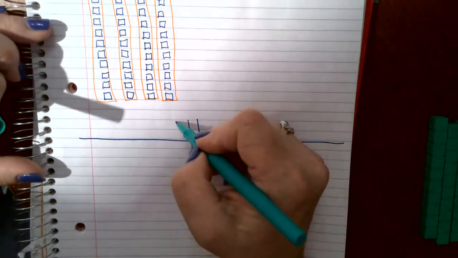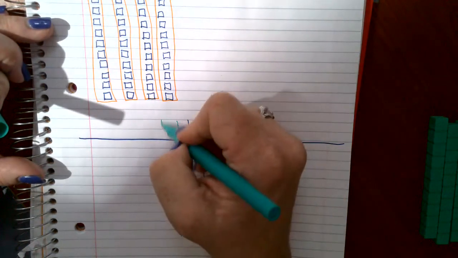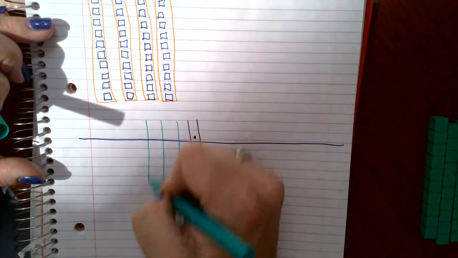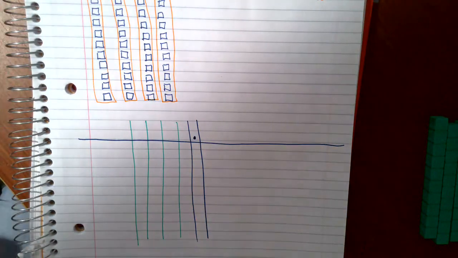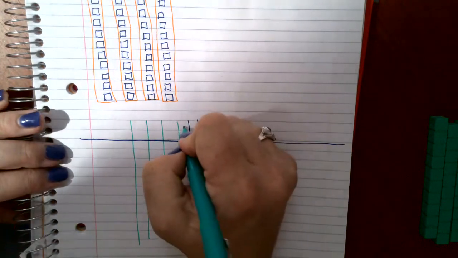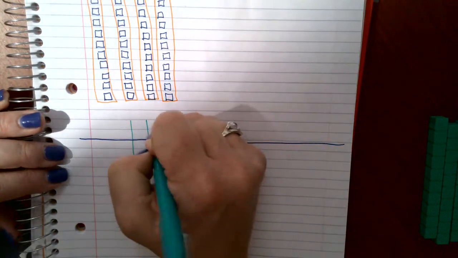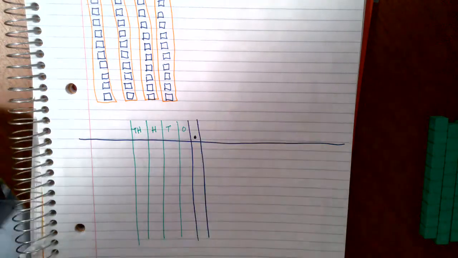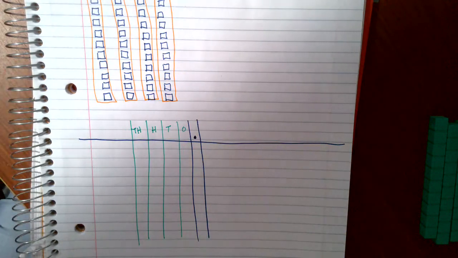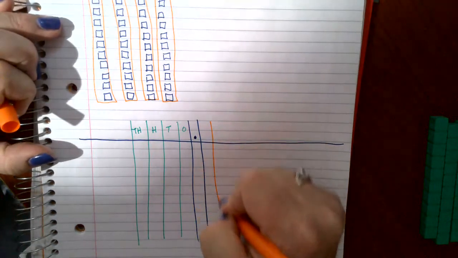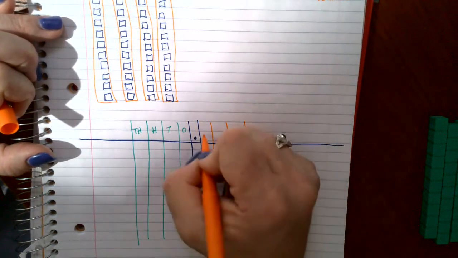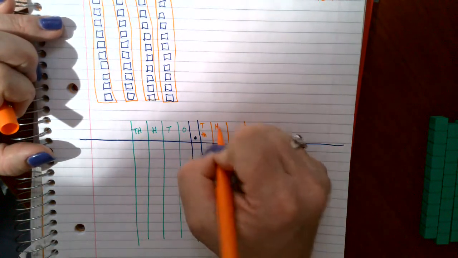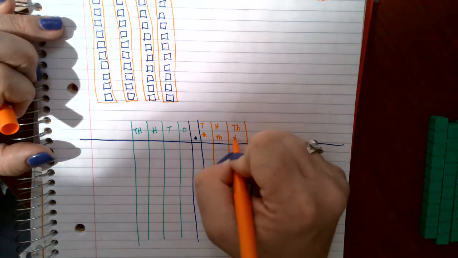Here's all my stuff to the left, which gets bigger place values. And we could keep going on and on forever because numbers go on forever. We've got ones, tens, hundreds, thousands. And then to the right, we have tenths, hundredths, and thousandths.